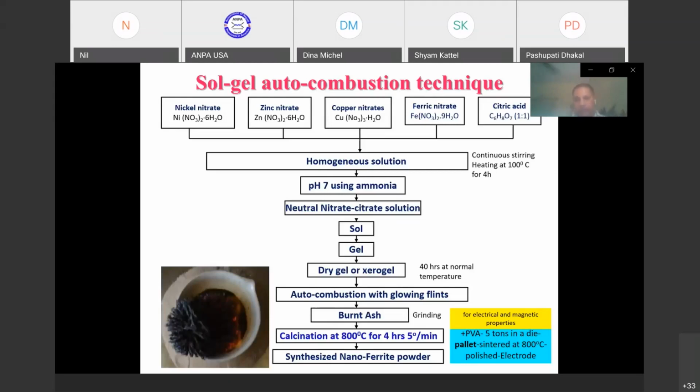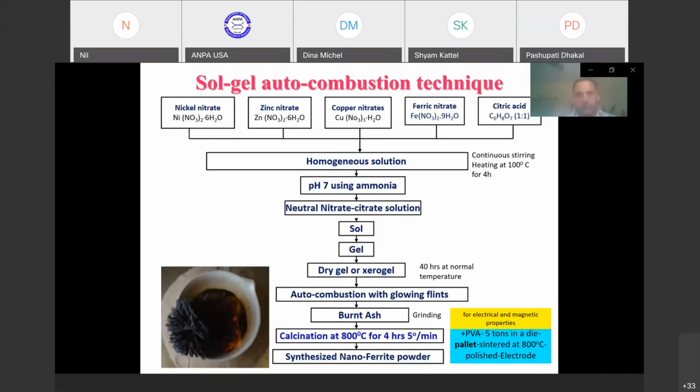Then we get the pellet. The pellet is sintered at 800 degrees centigrade in a muffle furnace, and then we polish its surface, coat it with gold, and finally make it an electrode. Then it will be used for the electrical and magnetic property study.